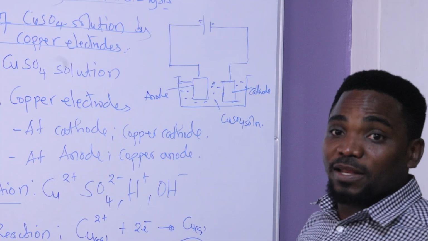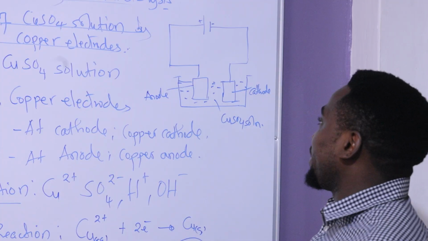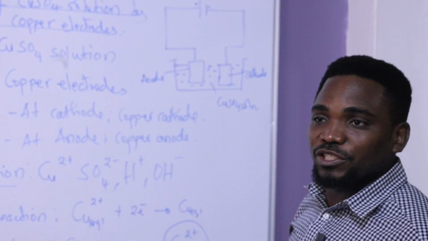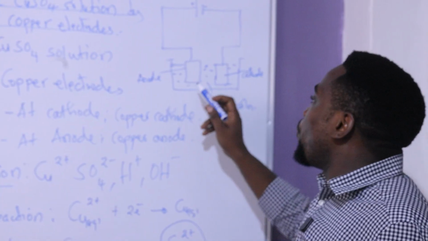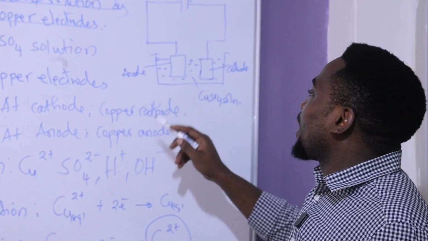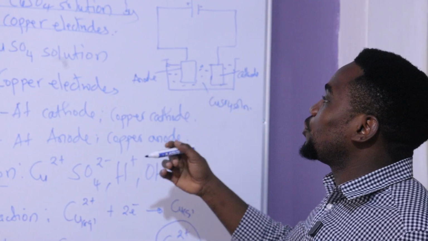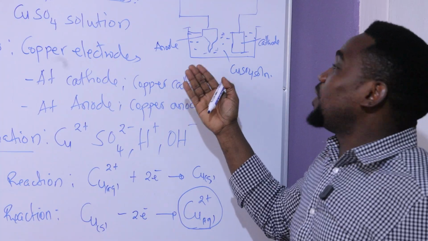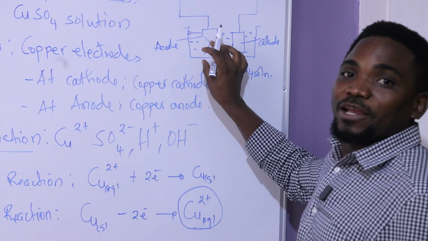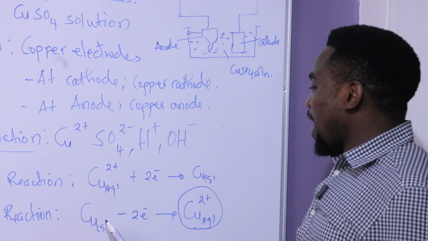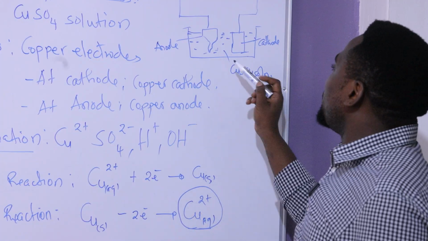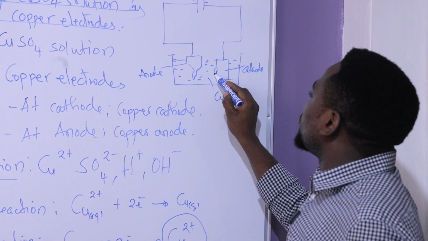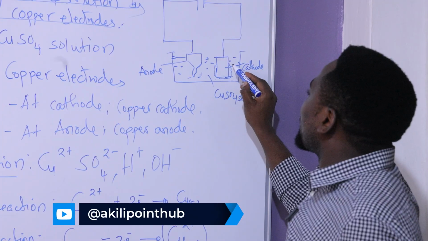So in summary from this diagram, the copper(II) sulfate dissociates. After dissociating, it gives the ions. The copper ions will migrate to the cathode, and the anions will migrate to the anode, but none of them will be preferentially discharged. At the anode, the copper dissociates so its mass decreases, and the copper ions from the anodic reaction will also migrate towards the cathode.